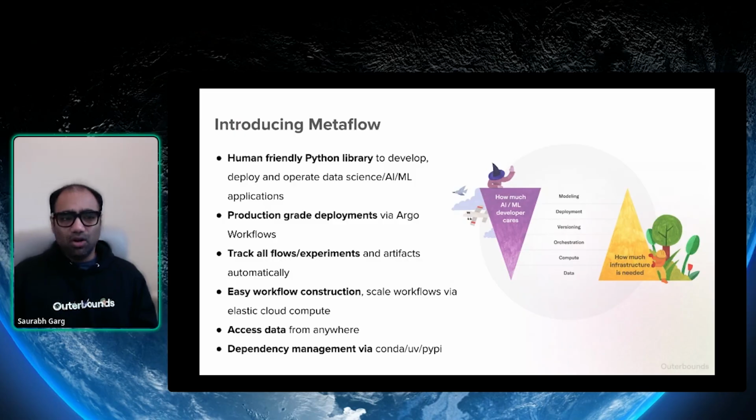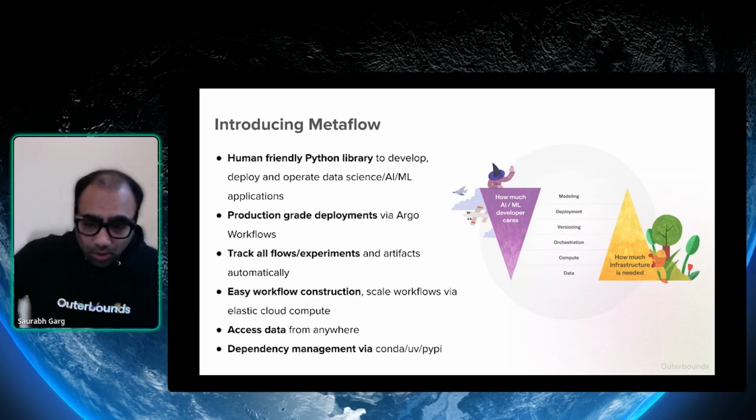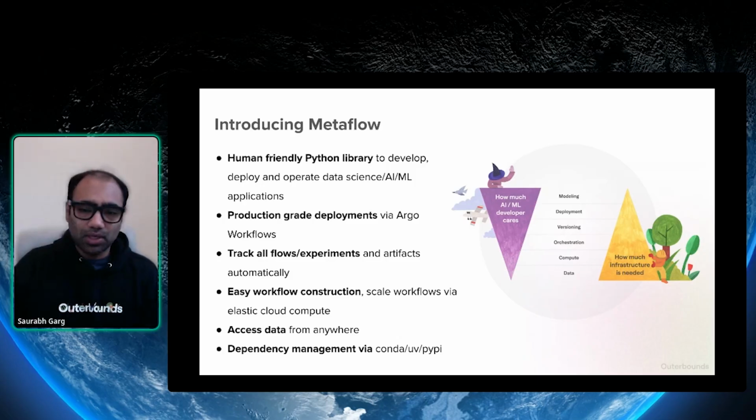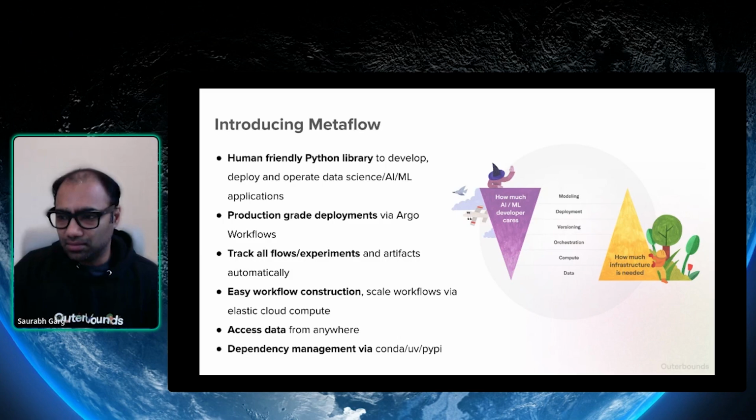Metaflow abstracts away all of that. So you can use the Metaflow orchestrator to run your flows locally while you're developing, and you can use it to access cloud compute once you are happy with what you've written. It also integrates with any and all modern data lakehouses like Databricks or Snowflake, or any of the databases or S3 cloud object storage, what have you.